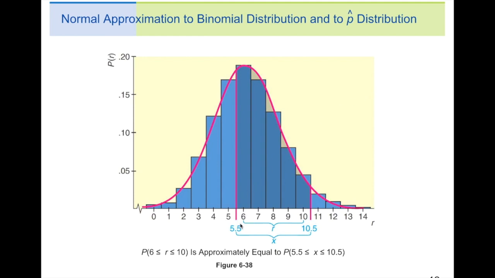So we just moved 6 to 5.5 and 10 to 10.5. Remember, we did this back when we had frequency histograms. It's the same thing, because with a binomial you can only have whole number results. You can't have half a success. So to make things easy, we do the continuity correction to make it halfway.